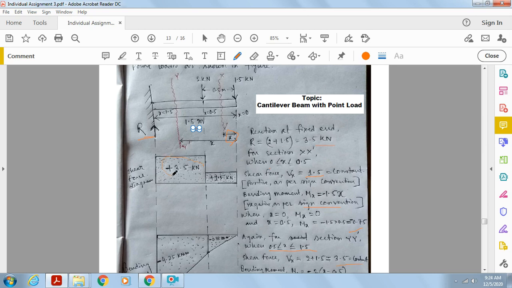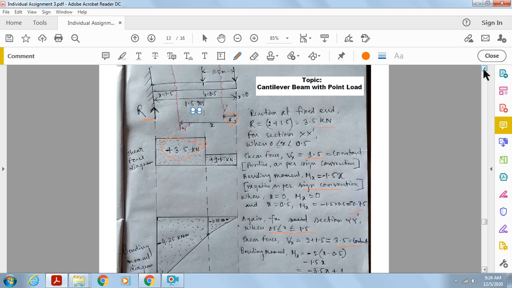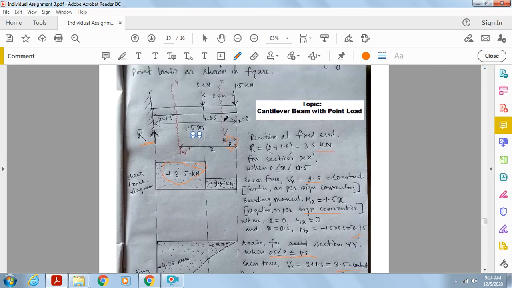So I have plotted the shear force diagram with plus 3.5 value from 0.5 to 1.5. The corresponding bending moment will be minus 2 into x minus 0.5, because from this sectional axis the line of action of the 2 kilonewton load is at a distance x minus 0.5.